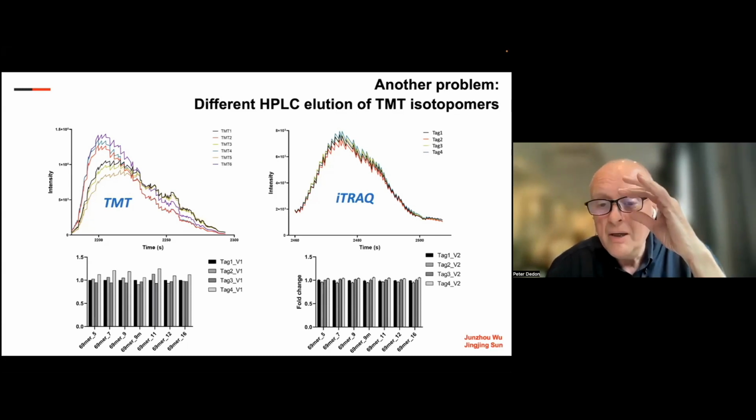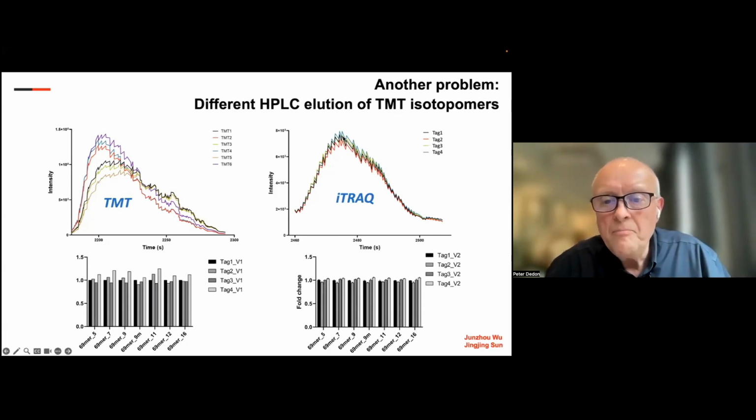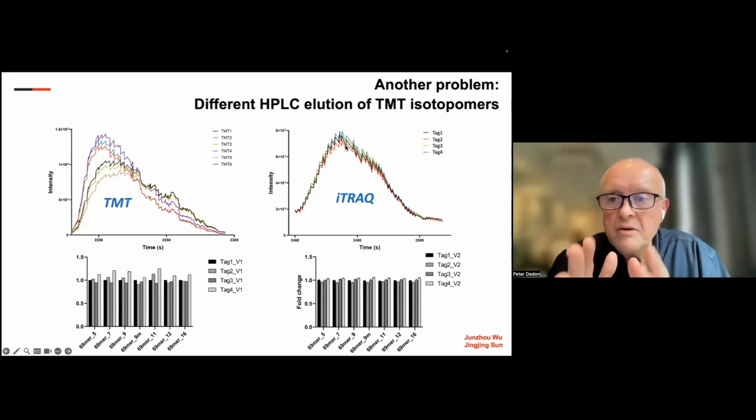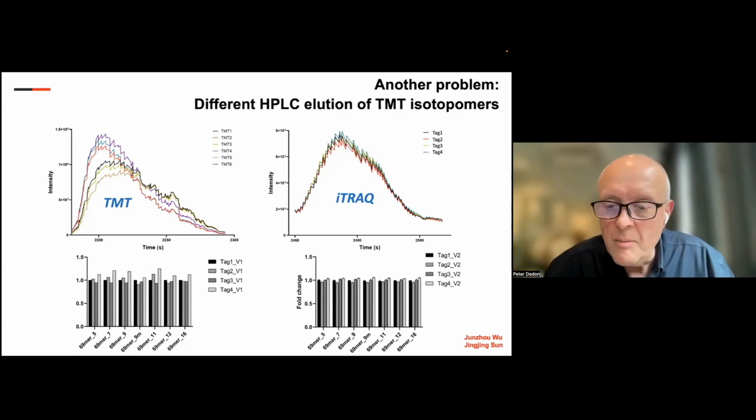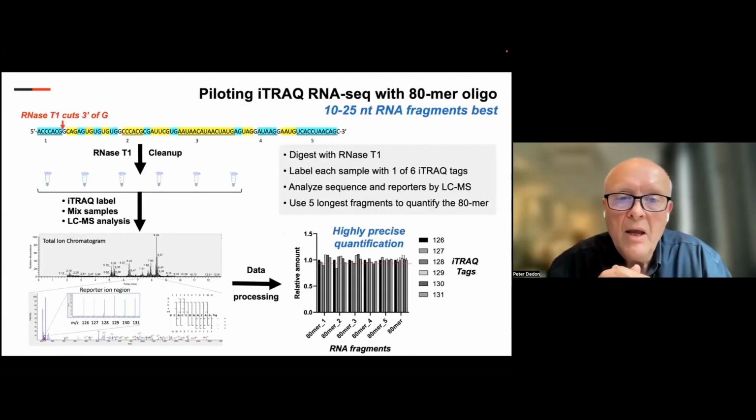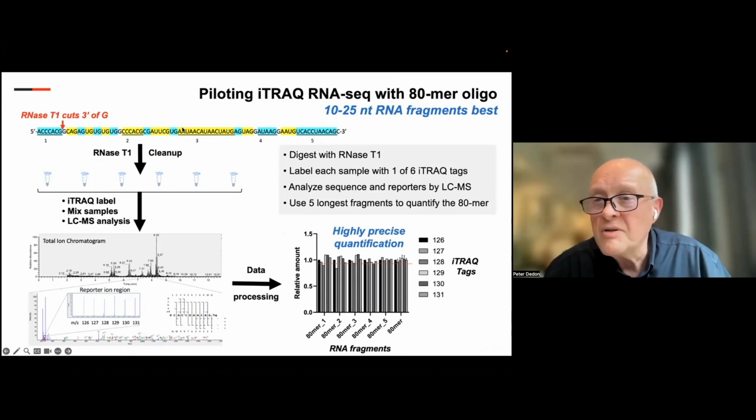That's a problem. iTRAQ behaves a little better, much more consistent elution on the HPLC into the mass spec, so we'll use that here. And now we're going to pilot this with an 80-mer synthetic oligo, just to test out the system. The oligo shown at the top, if we digest with ribonuclease T1, which cuts at the 3' end of a G, we're going to get a whole bunch of cleavage sites in here.